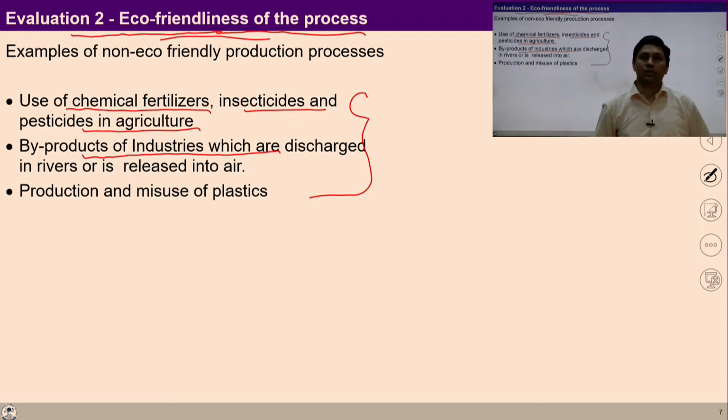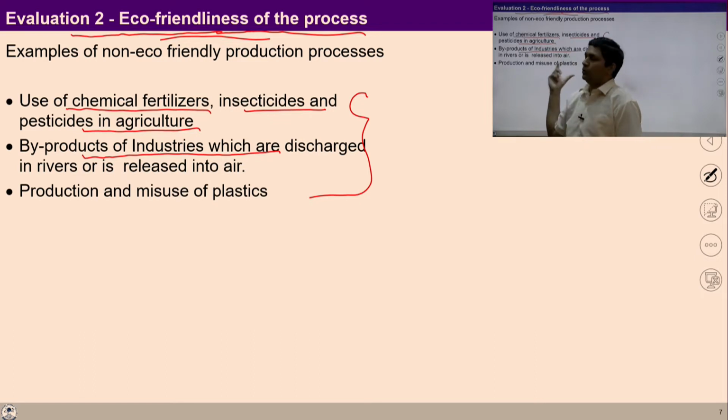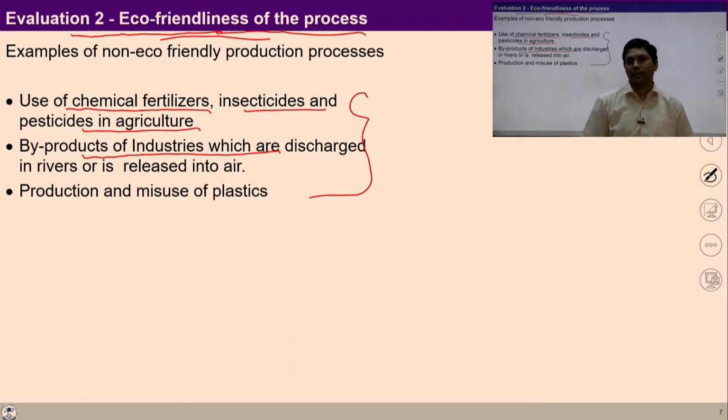All of us want a fulfilling life with a healthy body, with a healthy mindset. And if we are not using eco-friendliness in our process, then ultimately it will create diseases in our body. So the second parameter of evaluating the production system is eco-friendliness of the process.